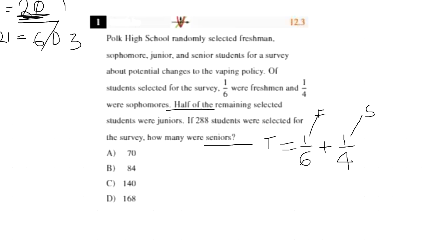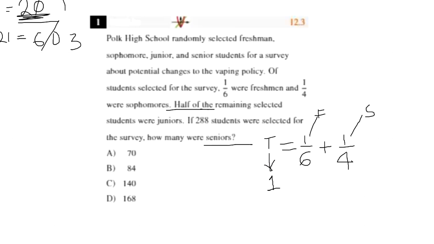Now, if you have total to be one, and you've been told that 1/6 freshmen, 1/4 sophomores, and the rest, half of the rest are juniors. Now you just add this, subtract from one to get the rest, then you take half of that. I hope that is clear.